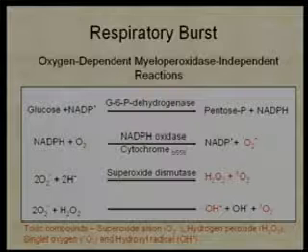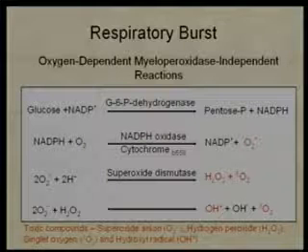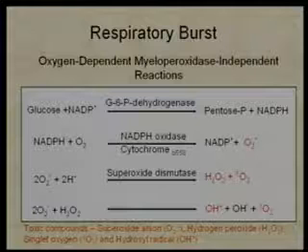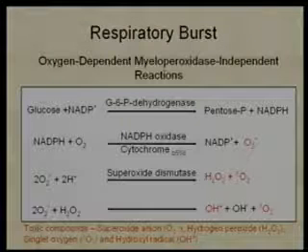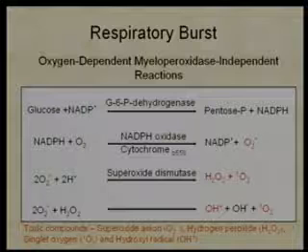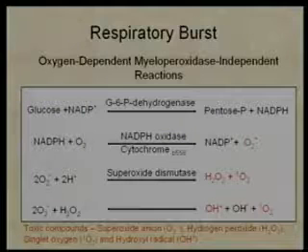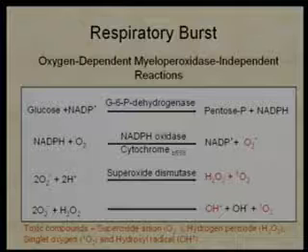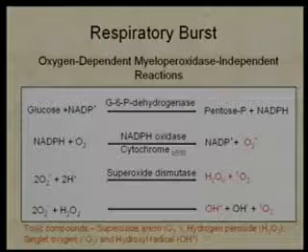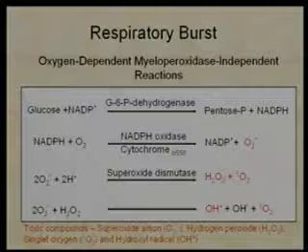The NADPH is the substrate for the enzyme NADPH oxidase. Remember, the PMNs in their secondary granules had components of this NADPH oxidase. When these granules fuse with the phagosome, they reconstitute the functional NADPH oxidase.